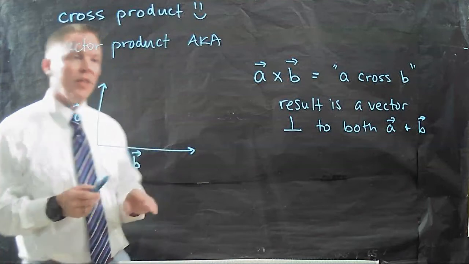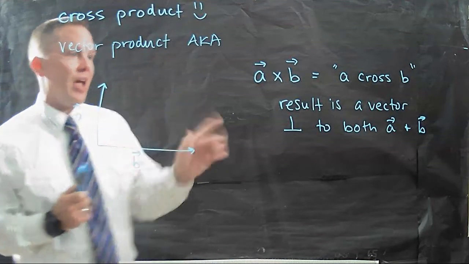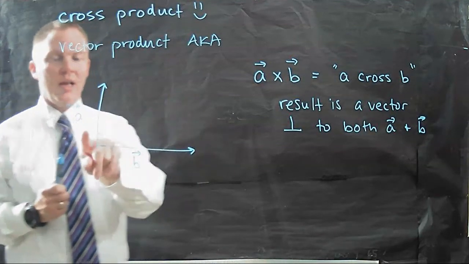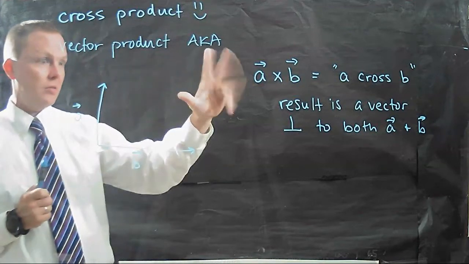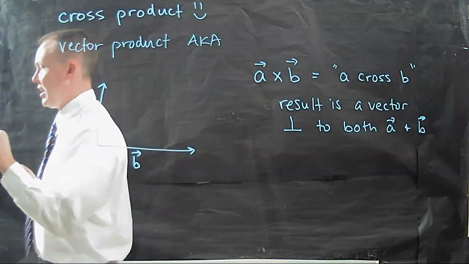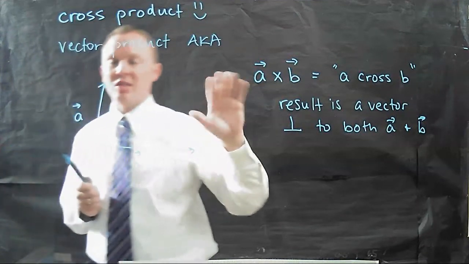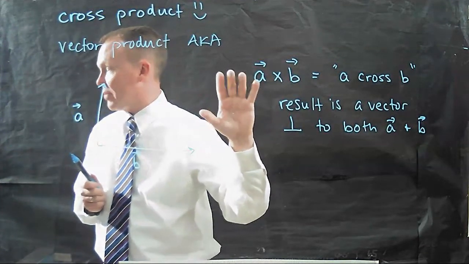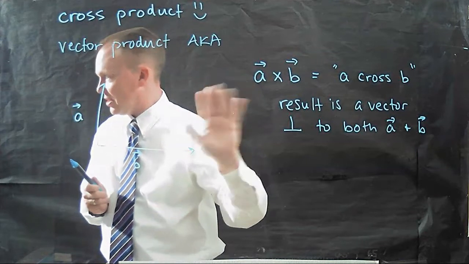The way that you can figure out which direction A cross B points is you take your right hand. Or you do this. Yeah, or you do that. And this is backwards for you because this looks like my left hand on the screen.